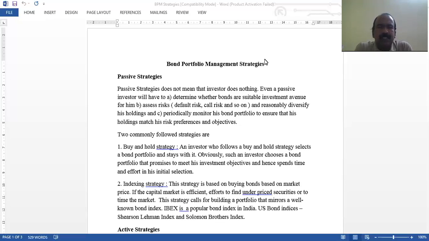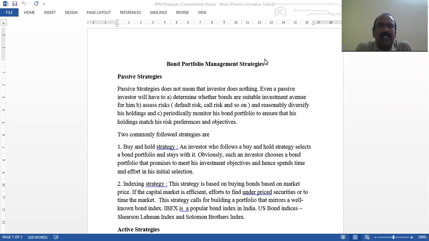One is buy and hold. Another one is indexing. Buy and hold: an investor who wants to buy a particular bond and hold that bond to match his return. Such an investor chooses a bond portfolio that promises to meet his investment objective, and hence spends time and effort on his initial selection.